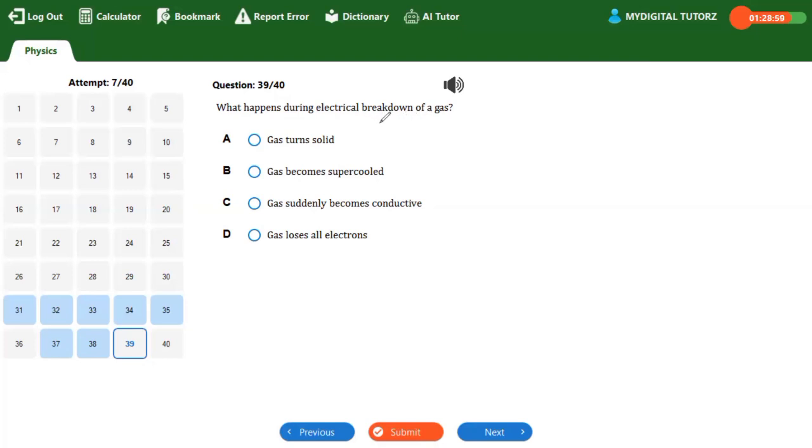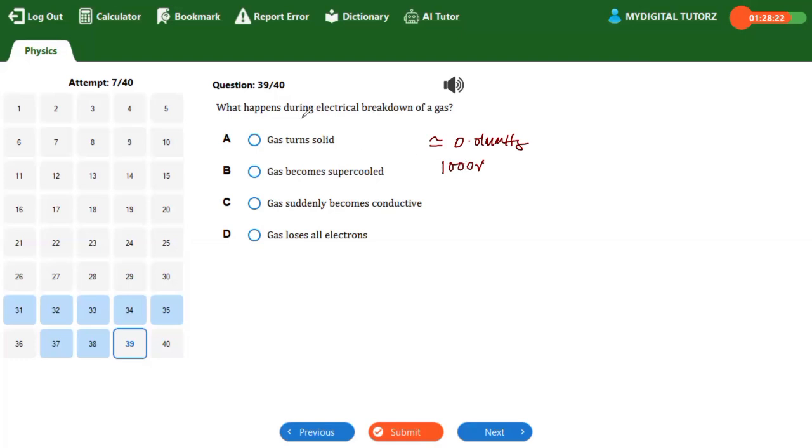Gas at normal condition does not conduct electricity unless it is taken through a critical condition, which is a very low pressure of about 0.01 mm of mercury, and a high voltage of 1000 volts. So this is the condition at which gas conducts electricity.